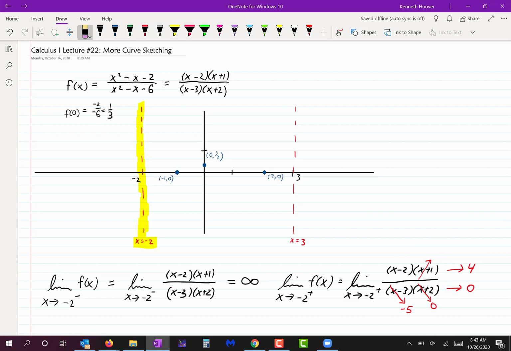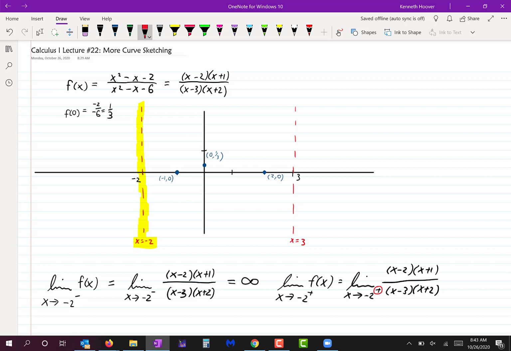So this limit is either infinity or negative infinity. Okay, now I'm approaching -2 from the right. So that means I am a number greater than -2, like -1 or -1.5 or something like that.